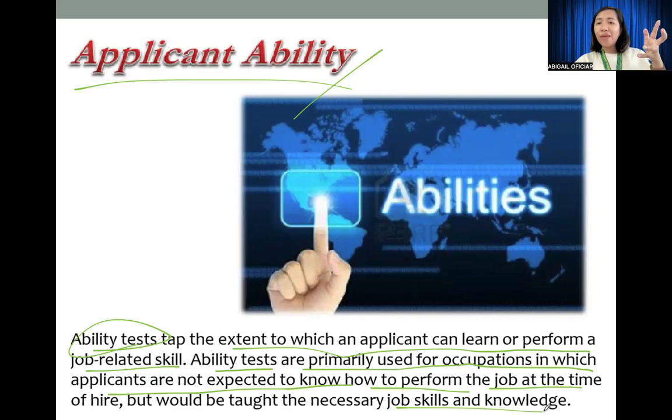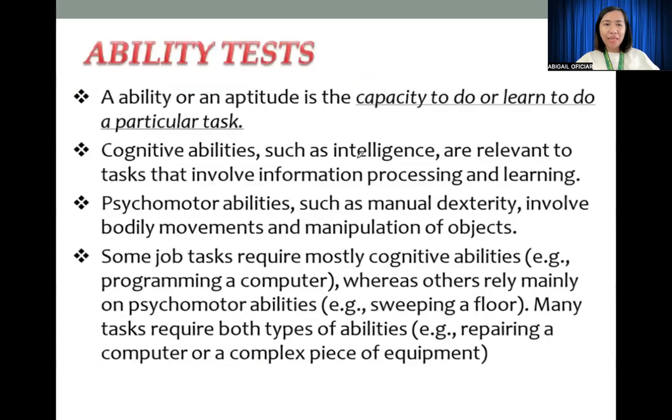So, we can say na kapag hinire mo yan, in the future, kahit i-train mo lang siya ng konti, kaya niyang i-absorb yung math. Kaya niyang aralin yung math, at kaya niyang mag-perform using math in the job. Okay? So that's the idea of aptitude test or ability test.